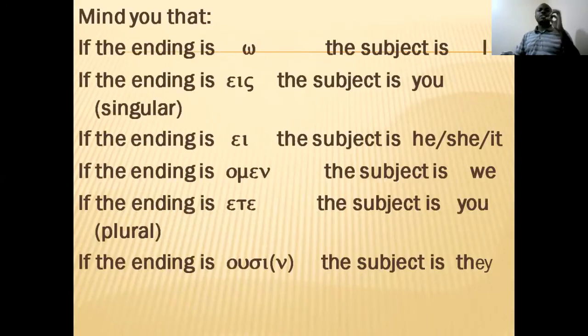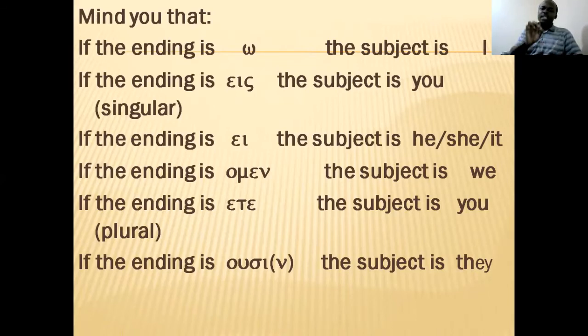Remember, in lesson 4, I presented to us the endings of the present active indicative verbs. But now in lesson number 5, I want us to mind this. If the ending is omega, the subject of the sentence is I. If the ending is eis, the subject is you singular.